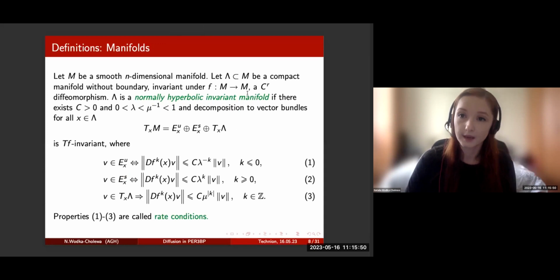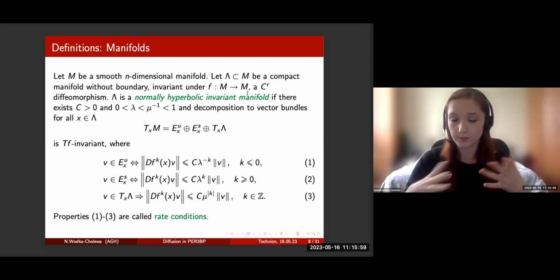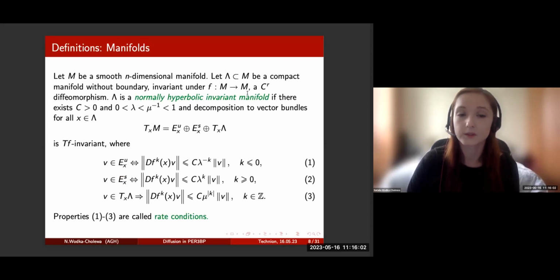So I will say that this invariant manifold is a normally hyperbolic invariant manifold if there exists some constant c greater than 0 and some constants small lambda and mu that satisfy these inequalities, and there is a decomposition into vector bundles for all points from this manifold this way, as you see, and it's TF invariant.